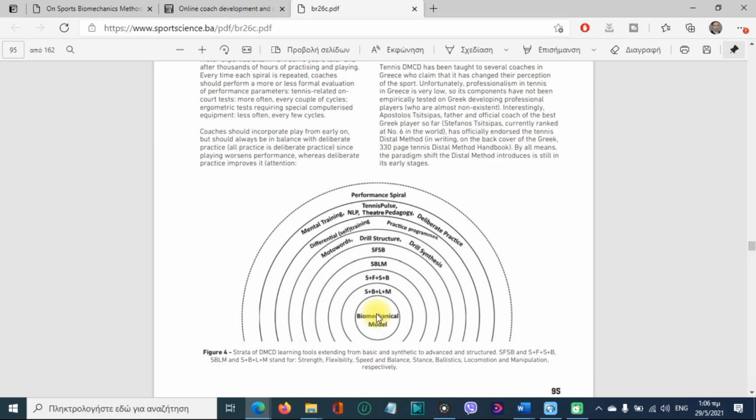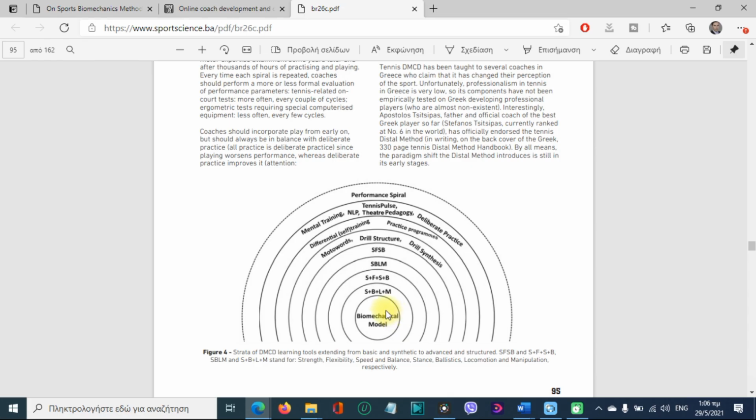So the distal method, the tennis distal method, identifies all relevant areas of development, from motor skills to psychology, and from ethics and philosophy to expertise, sociology, and stuff like that.